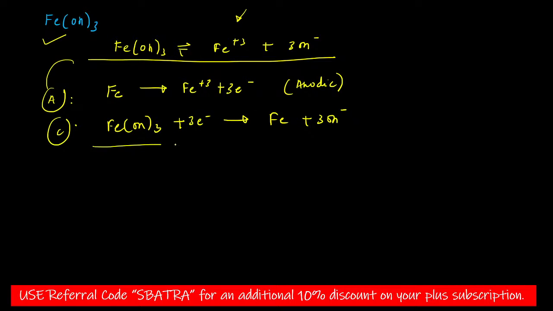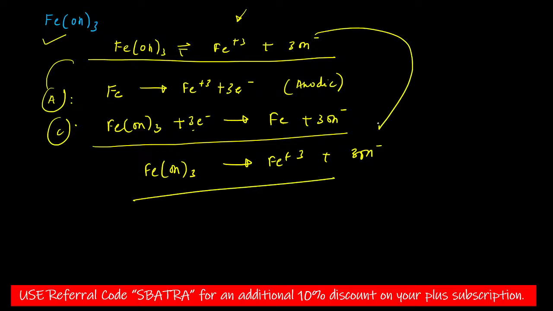Now if I use both these equations, the 3 electrons will cancel out, and iron will cancel out. The final equation is this particular equation, and this is our required equation. We need to form this equation only.